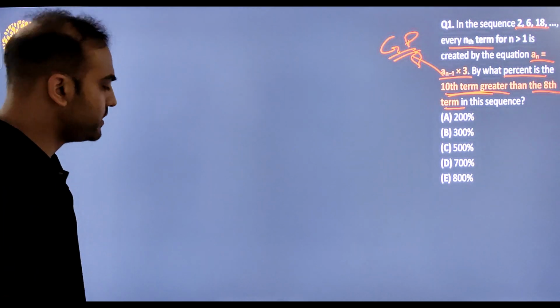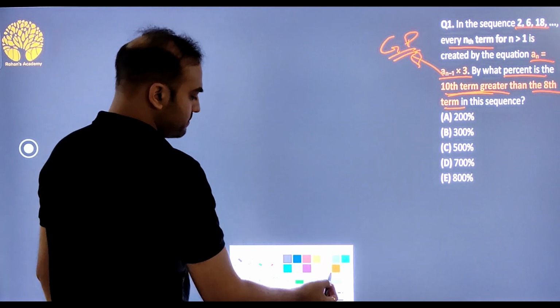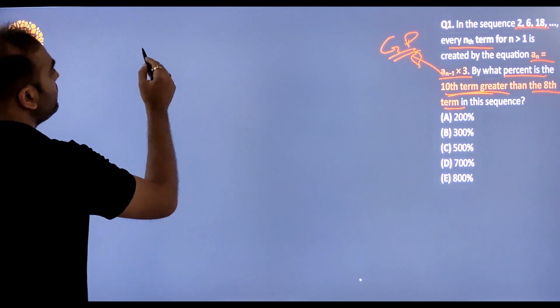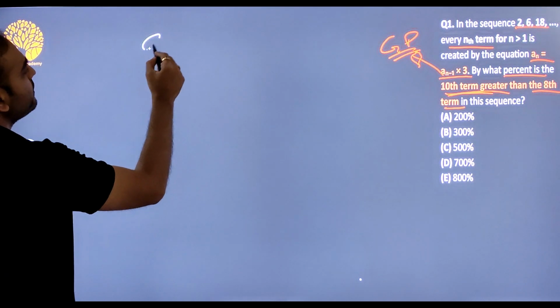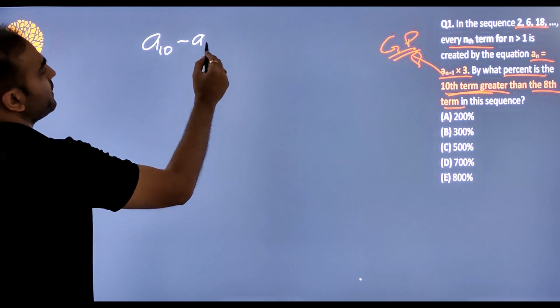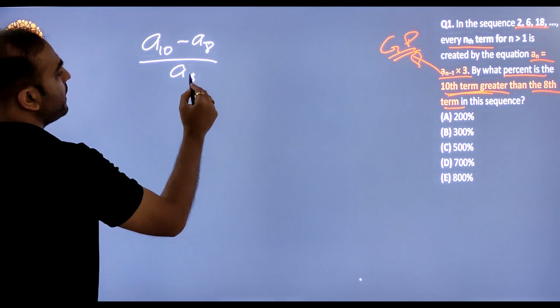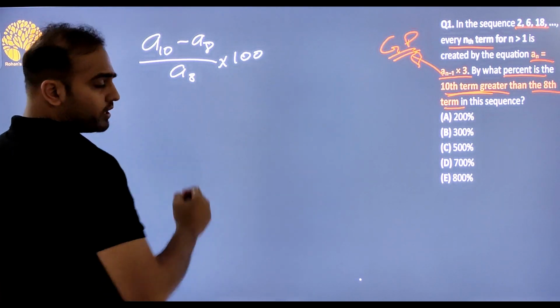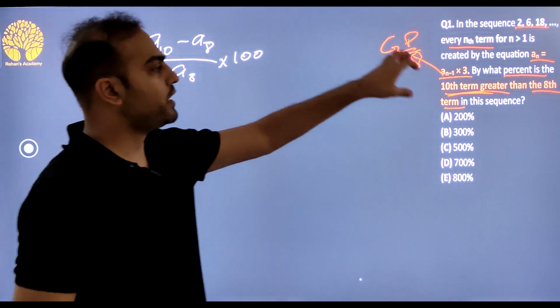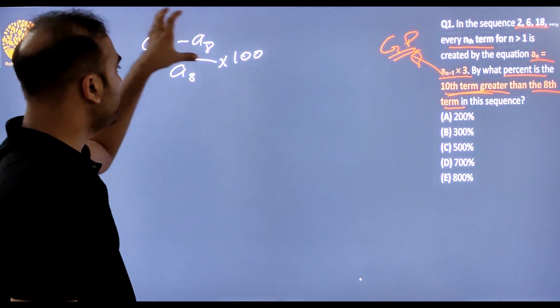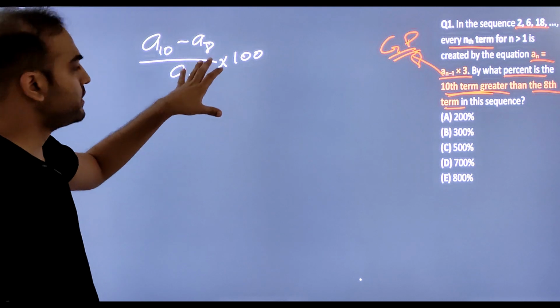So again, the percentage greater will be (A10 minus A8) by A8 into 100. The percentage by which A is greater than B is given by (A minus B) by B into 100.